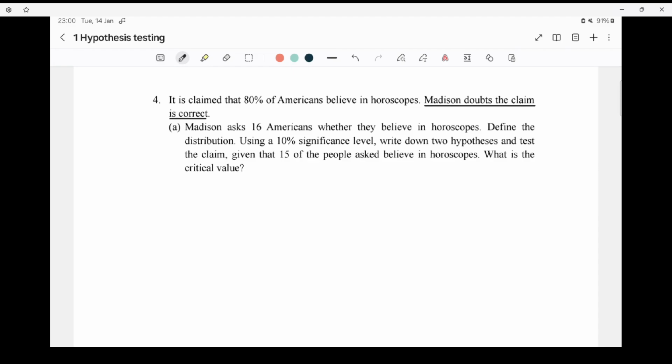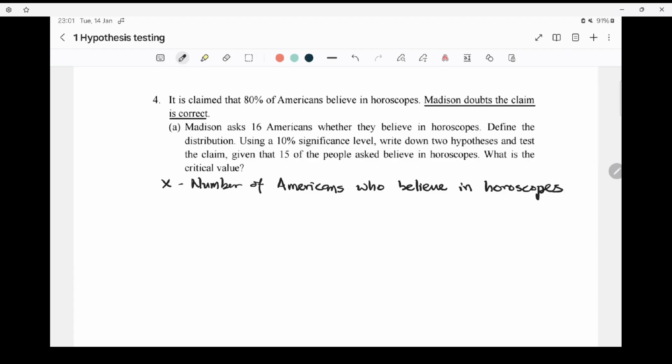So you can let x be the number of people, or specifically Americans in this scenario, who believe in horoscope.